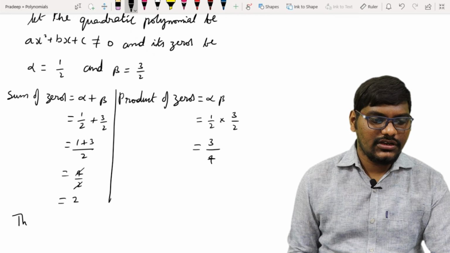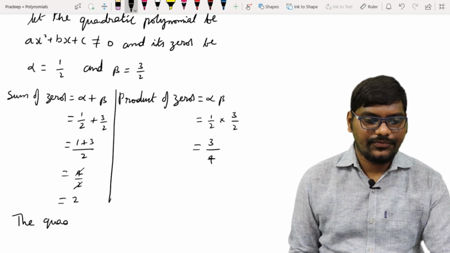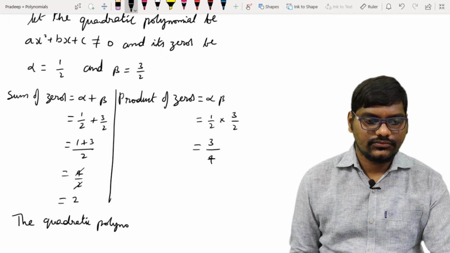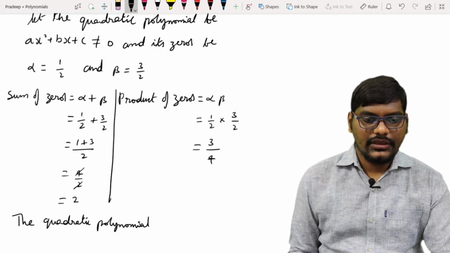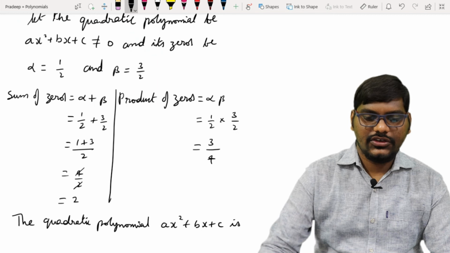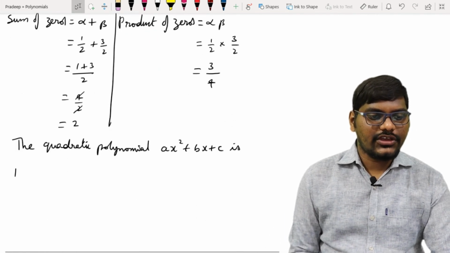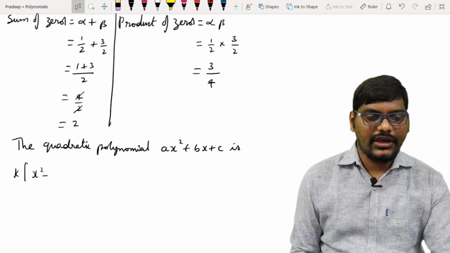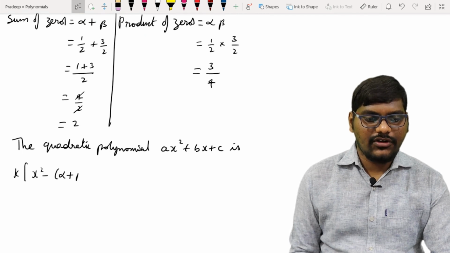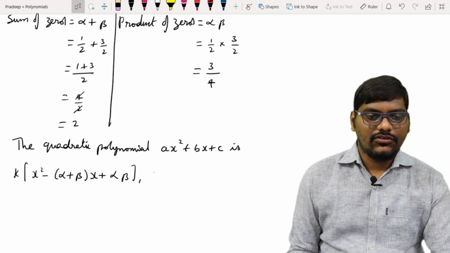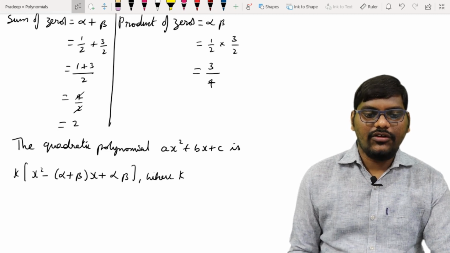We can write here the quadratic polynomial ax square plus bx plus c is, so what was the form? That is k into x square minus the sum, that is alpha plus beta, x plus alpha beta. So what about k?